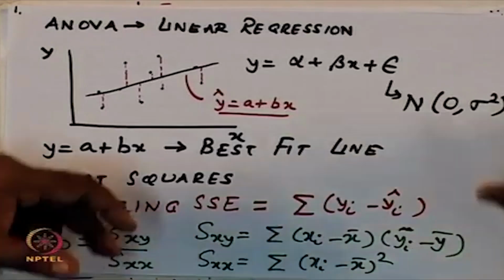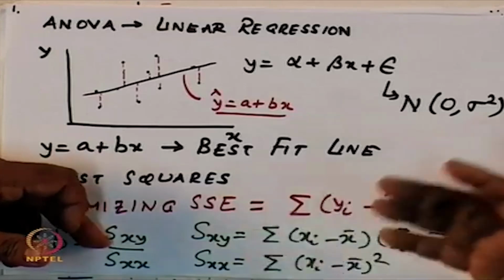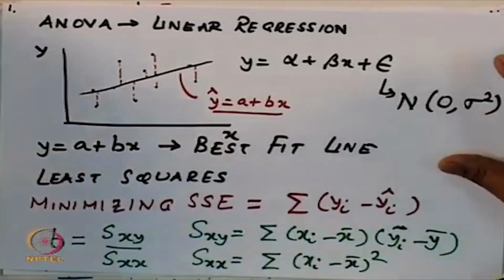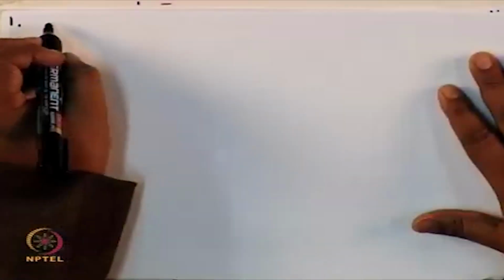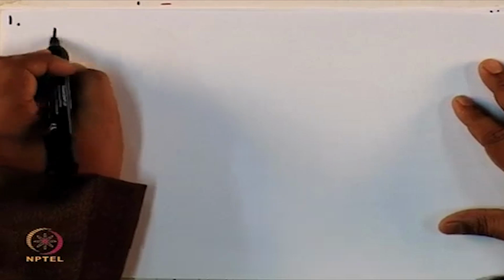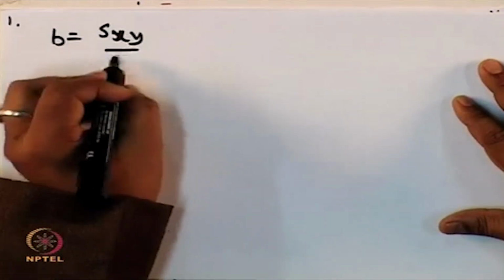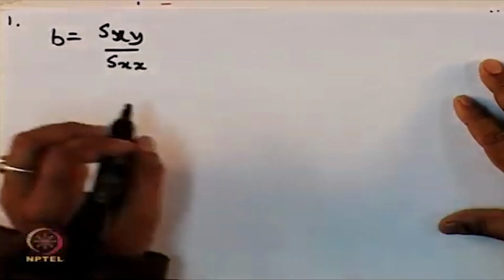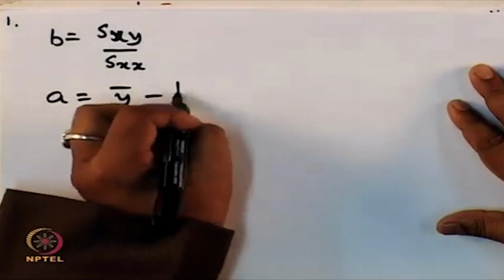So, note that from our earlier definition we had the division by n minus 1, which we have removed. Okay. So, this is the value of b, and you can write down the value of a. Again let me write, b is S of xy by S of xx. Okay. And a is given by y bar minus b times x bar.